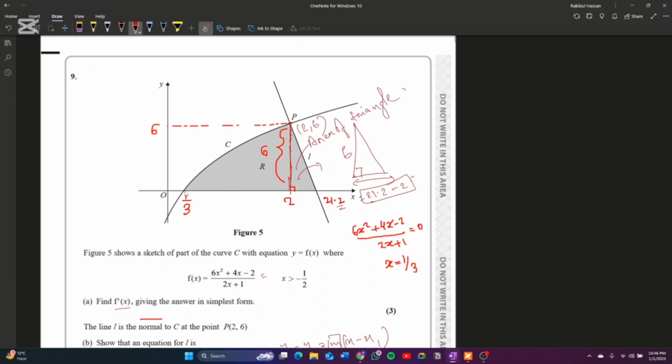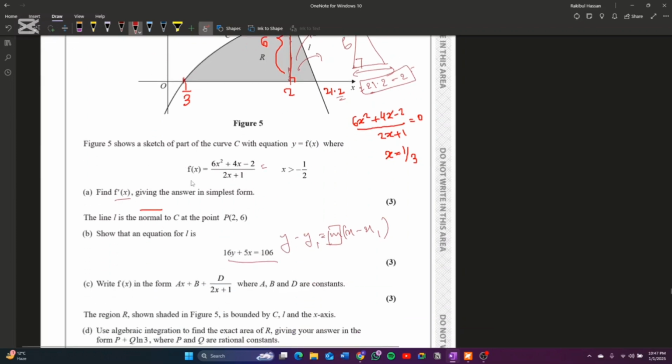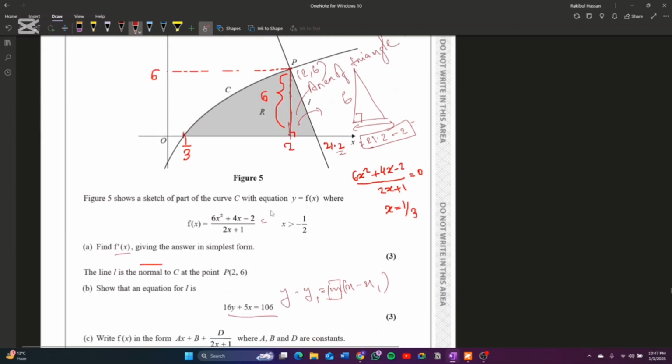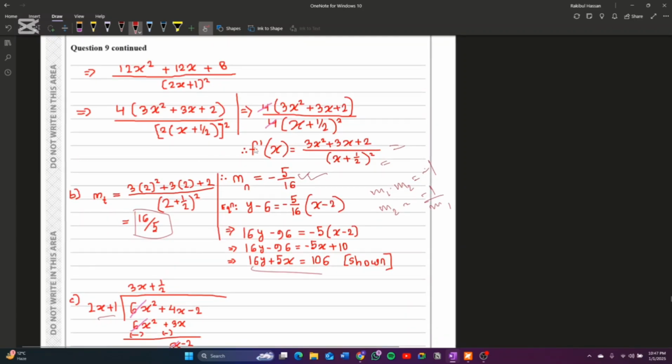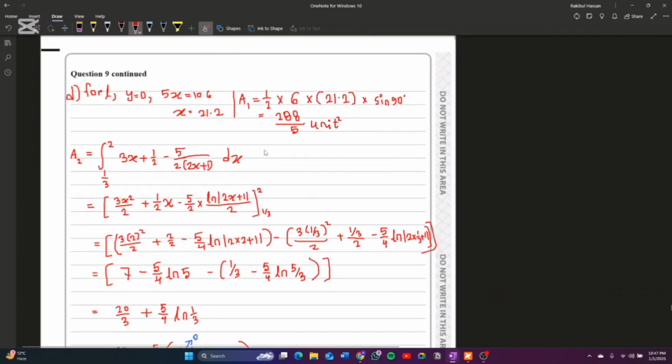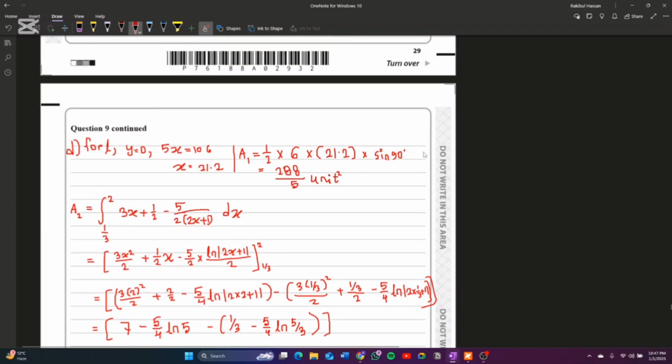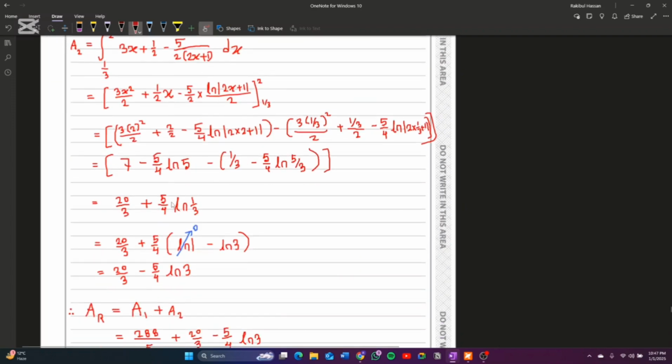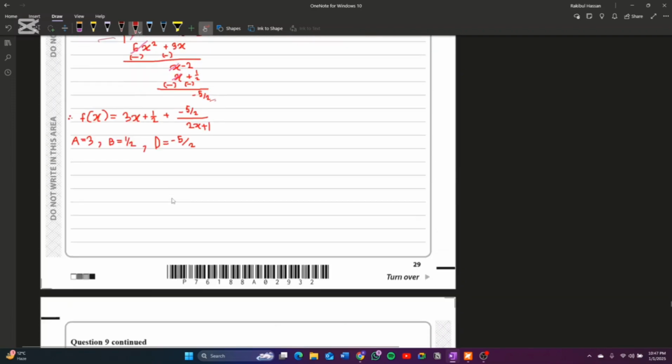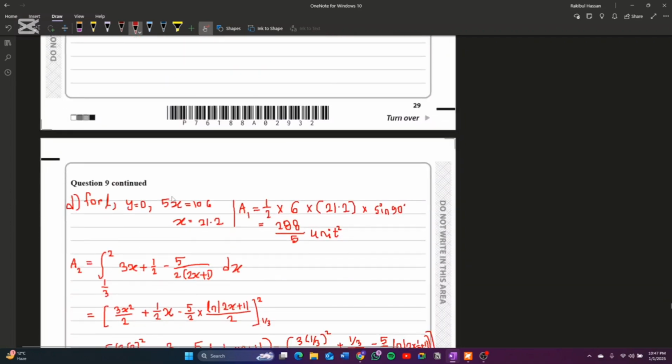Now we just need to integrate from this point to 2 to find the area under this curve. How do we get this value? At this point there is no y value, so y is 0. Therefore, in the equation of the curve, we put y as 0.